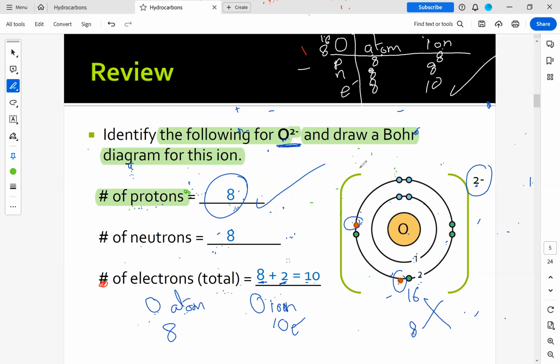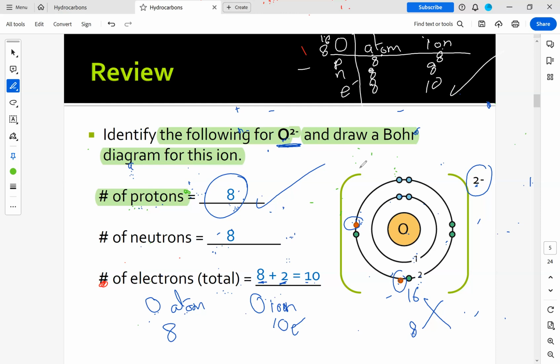For example, magnesium is in group 2. How many electrons in the last shell? 2. Elements in groups 1, 2, 3 have the same number of electrons as their group number.